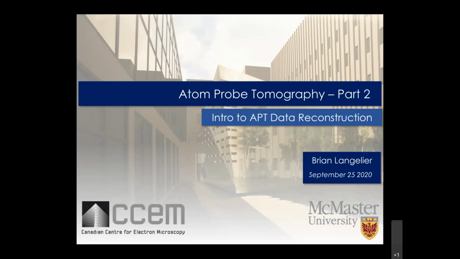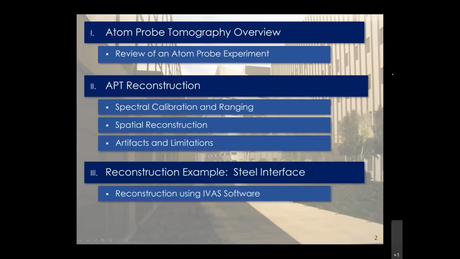So it's just going to be the reconstruction that we'll focus on today. I would like to start by reviewing an atom probe experiment, showing where data reconstruction lies within the whole flow of the experiment from start to finish, and then get into the details. Talk about atom probe reconstruction in terms of spectral calibration and ranging, spatial reconstruction, and a bit of discussion on some artifacts that can happen during atom probe reconstruction, as well as some of the limitations we have.